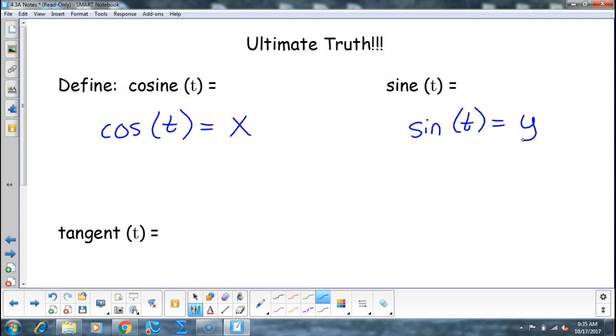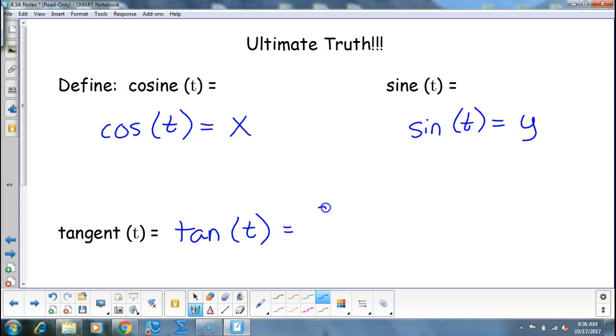Tangent of t. The abbreviation is TAN, but we're never going to say tan for it. Tangent of t is equal to the sine of t over the cosine of t, or it's equal to y over x.